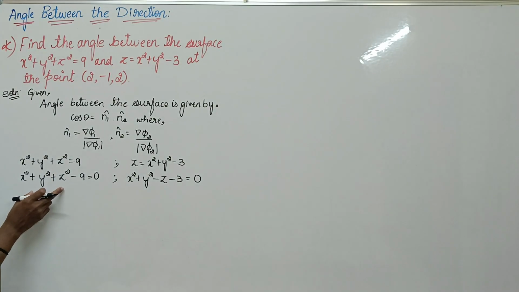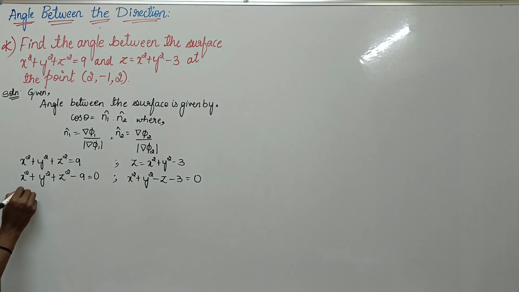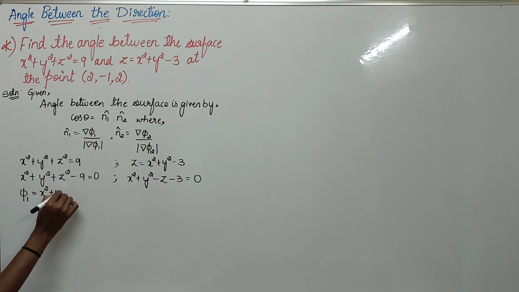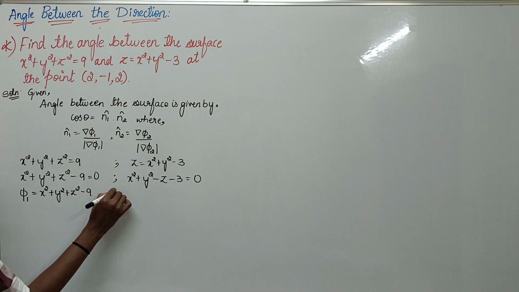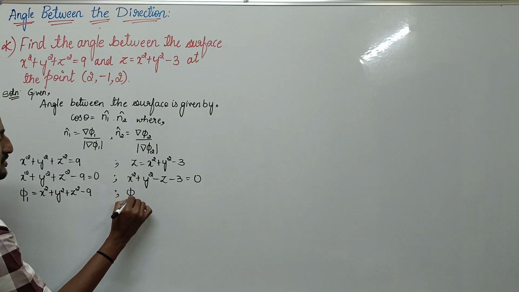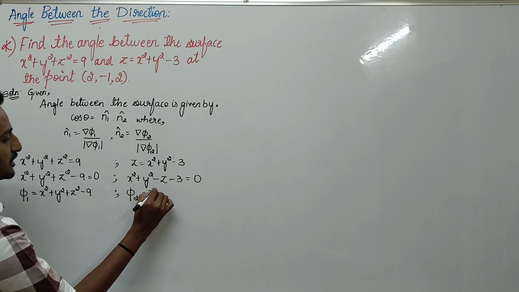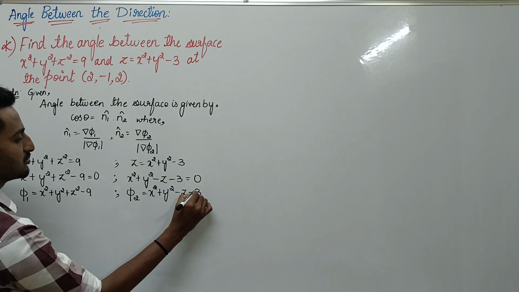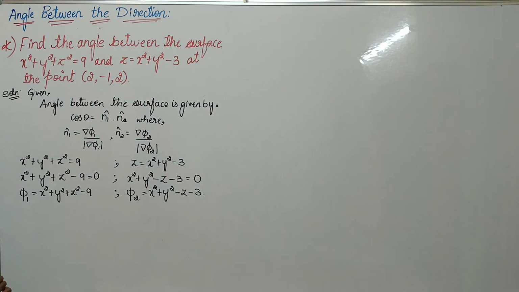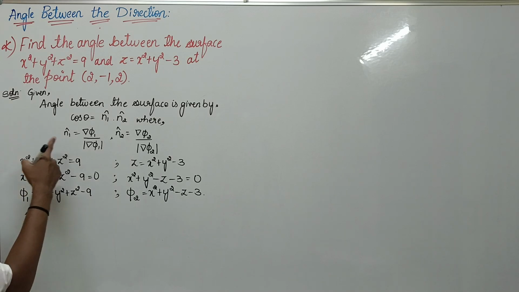Now, this first equation I am going to represent as phi1, that is x square plus y square plus z square minus 9, and this second one as phi2, which is equal to x square plus y square minus z minus 3. Done. Now let us first find n1 cap.